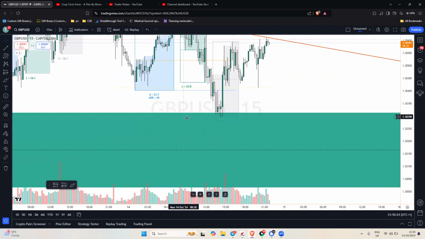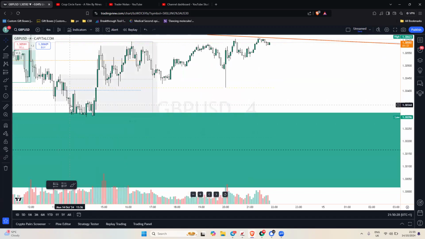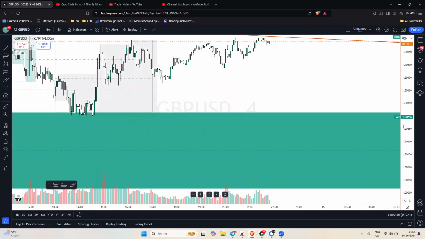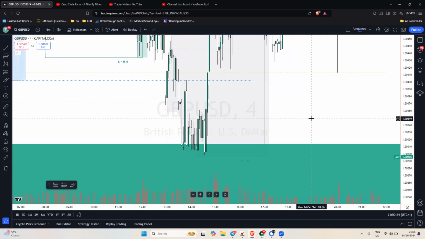So looking at this, what I've noticed GU does like to do, it didn't quite do it here, is, I mean, gold and other pairs do it as well, but GU tends to be quite wicky and it'll move down and then fuck off.